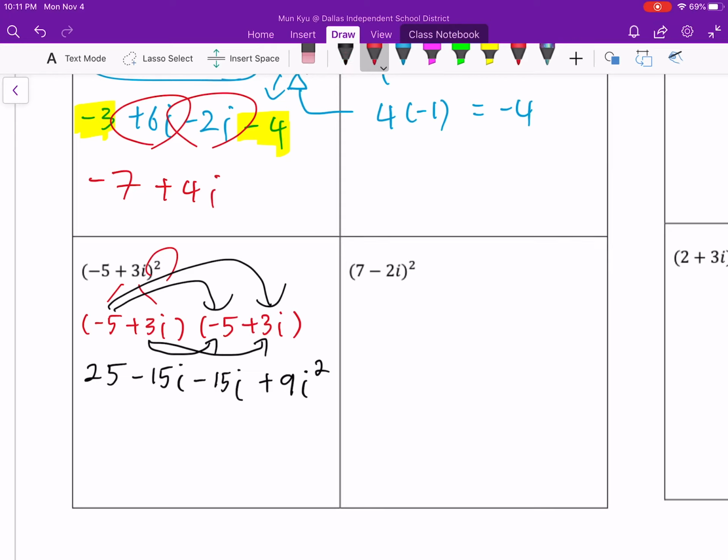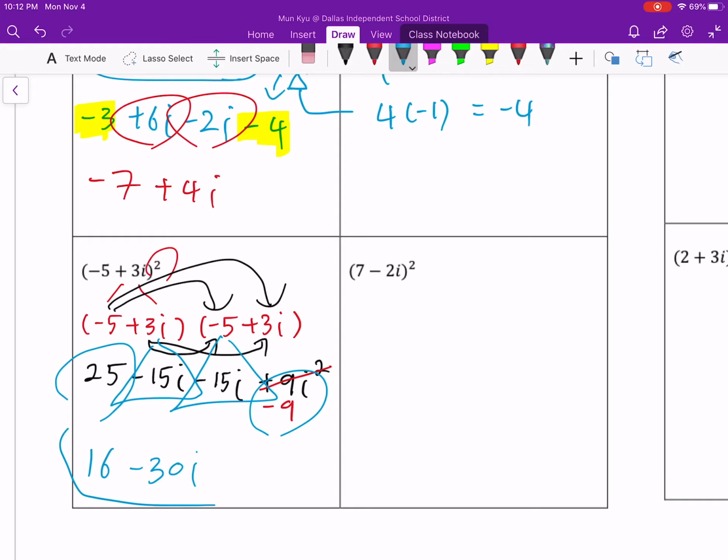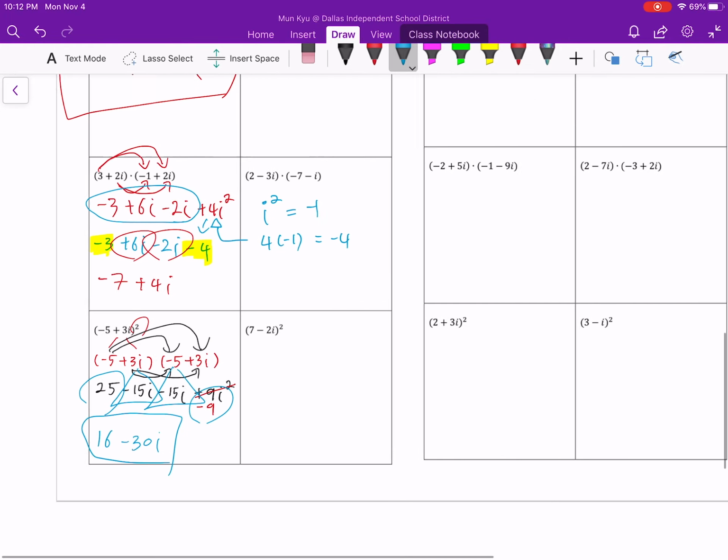And again, here, i squared is going to be negative 1. So this will become negative 9. If it makes sense to you. So let's combine one by one. 25 minus 9 is going to be 16. Negative 15i minus 15i is going to be negative 30i. And that is going to be our simplest form here.